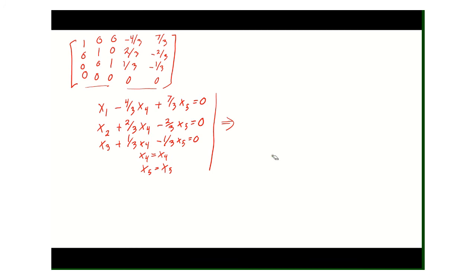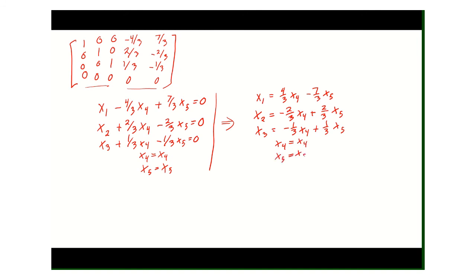Rewrite these equations as x1 equals 4 over 3 x4 minus 7 over 3 x5. Just put them in the proper form and make it a little bit easier so we don't get things mixed up. x3 equals minus 1/3 x4 plus 1/3 x5, x4 equals x4, x5 equals x5.